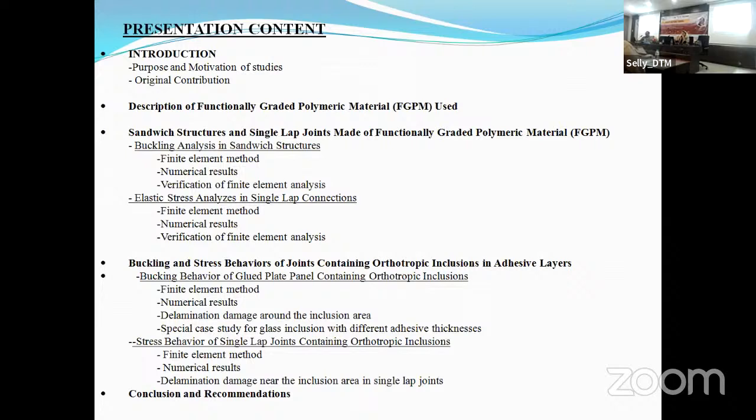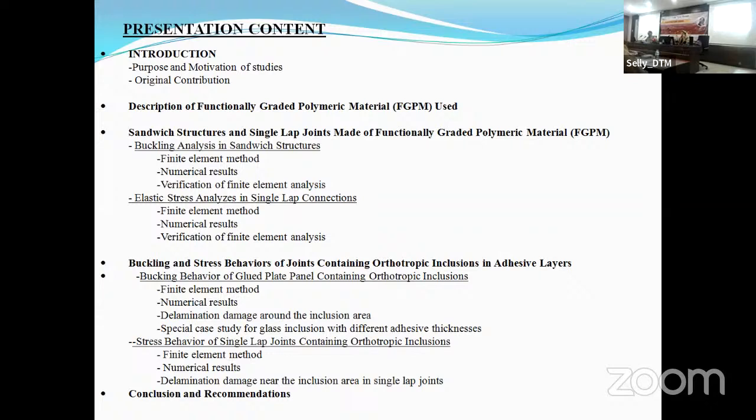Firstly, of course, we need a purpose and a motivation, and your specific study has to be an original contribution. Firstly, we describe the functional graded polymeric material, and we discuss two specific geometries. The first geometry is the single lap joint.